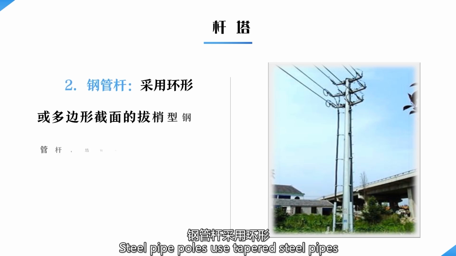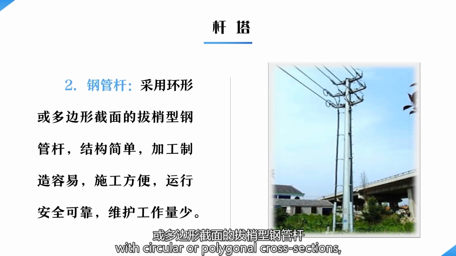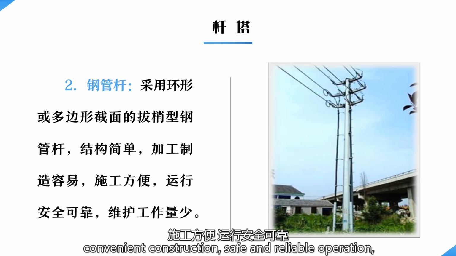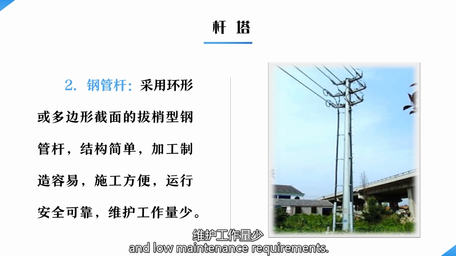Steel pipe poles use tapered steel pipe with circular or polygonal cross-sections, offering simple structure, easy manufacturing, convenient construction, safe and reliable operation, and low maintenance requirement.